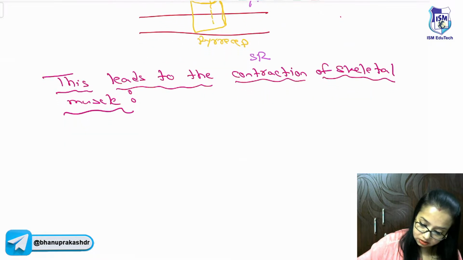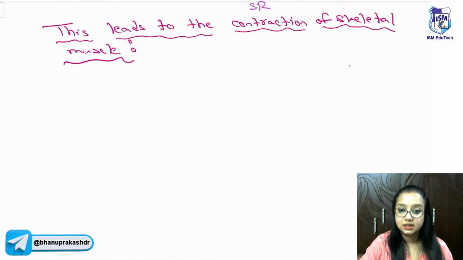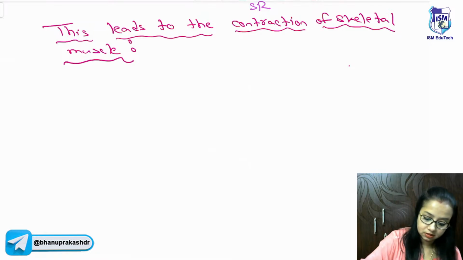So, in the process of contraction of the skeletal muscle, there are two main parts.